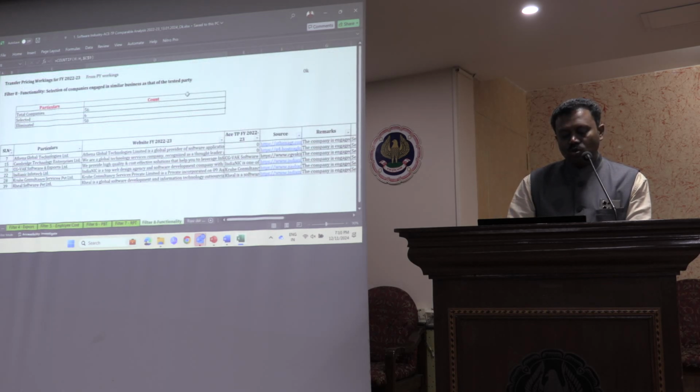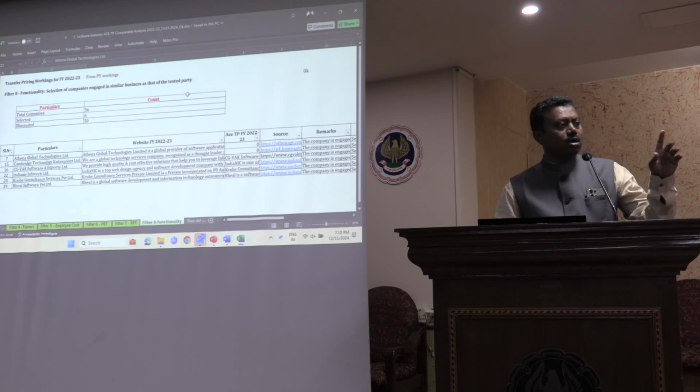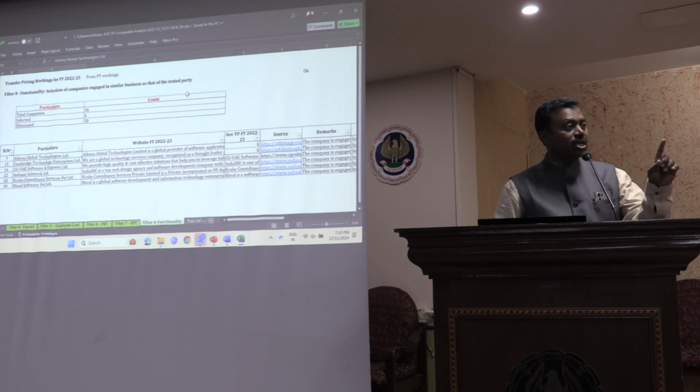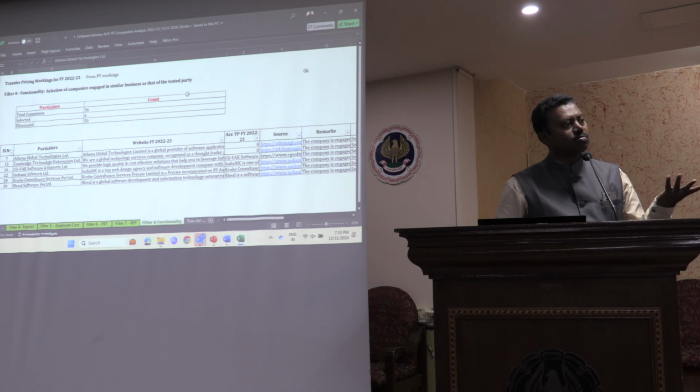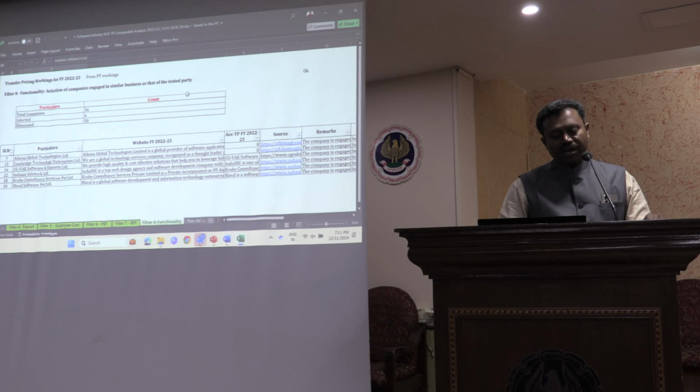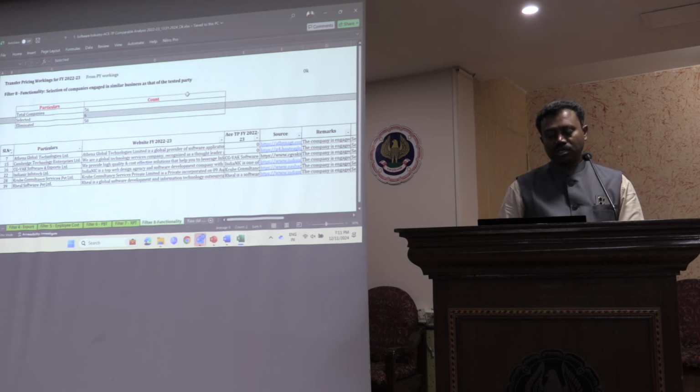Functionality. Those we have. So for related party, whether you combine the income and expenses together or separate. Transactions, transaction value, cost transaction, income transaction. So based on functionality, finally selected 6. You can see 6.